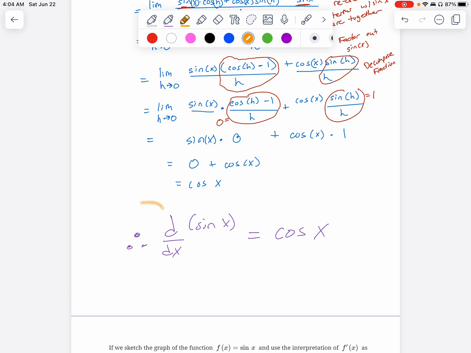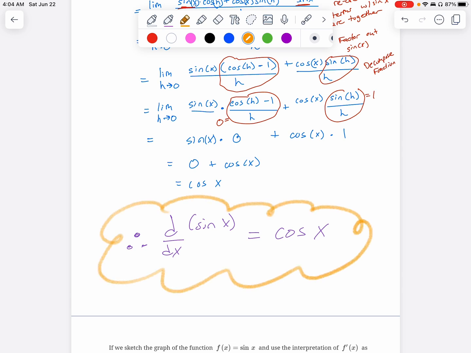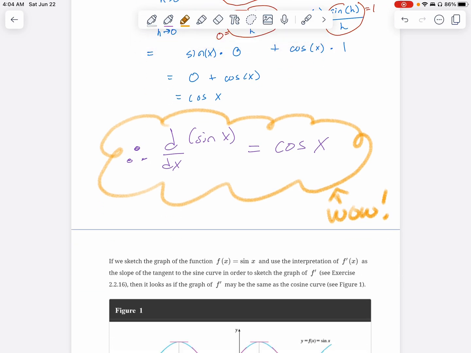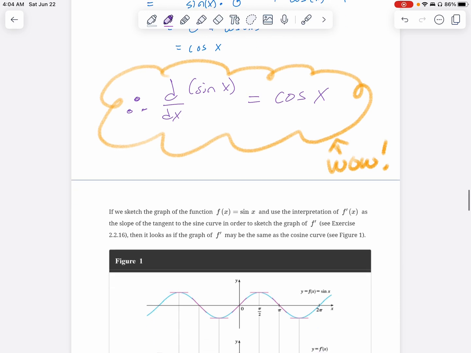You think about it, that one curve has a derivative that's the other one. Let's investigate that a little bit, actually. So let's go look at those graphs.